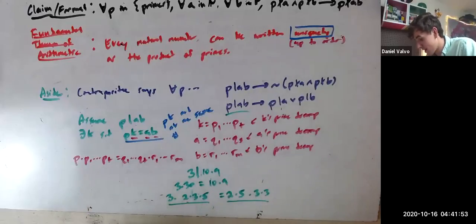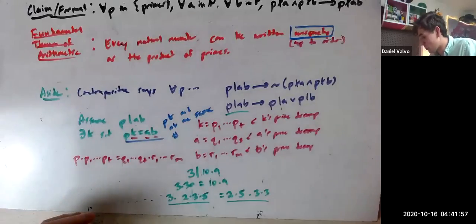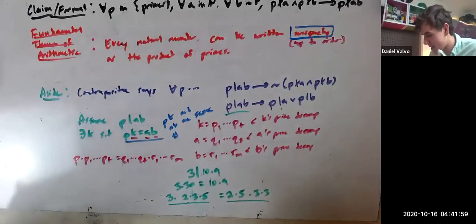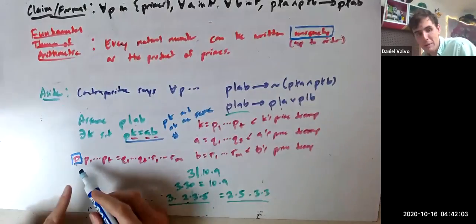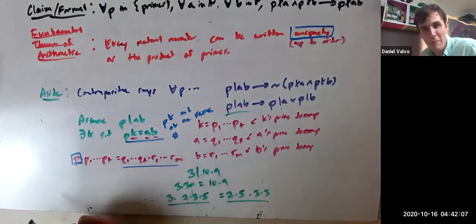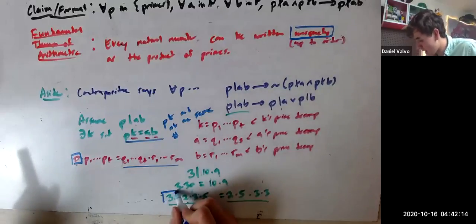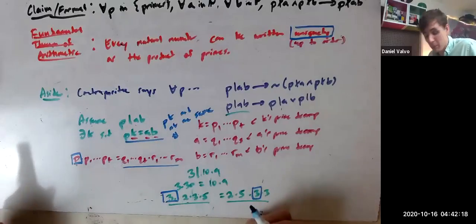Now, here's the big thing to notice. If the prime decompositions are the same, that means that P that's in the prime decomposition on the left side must be in the prime decomposition on the right side. In this example, 3 is over here. It's got to be.